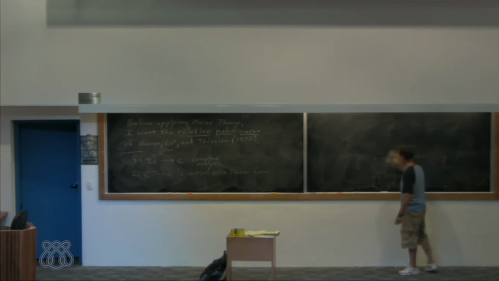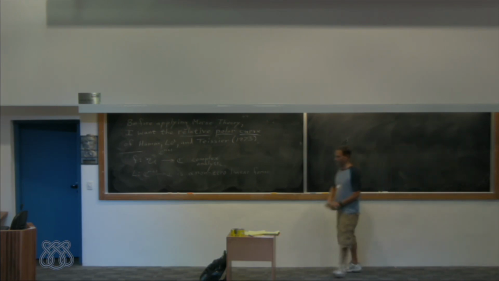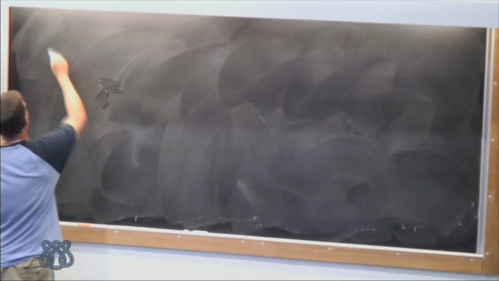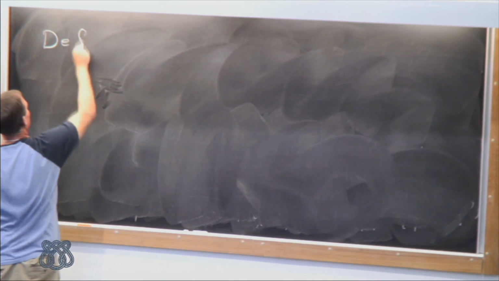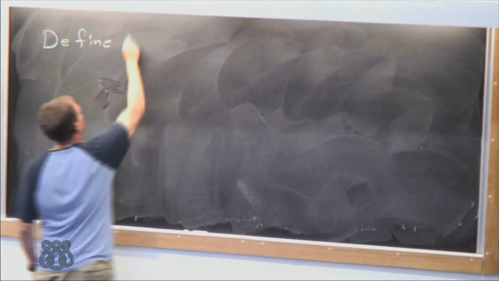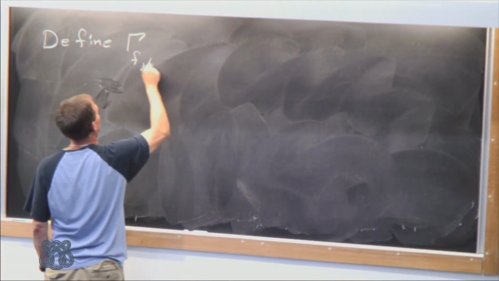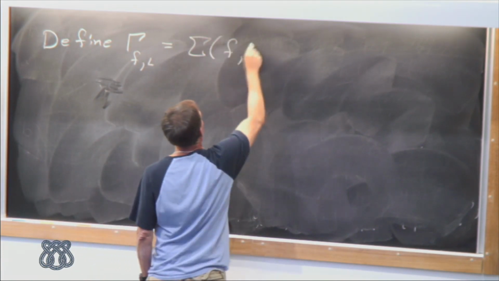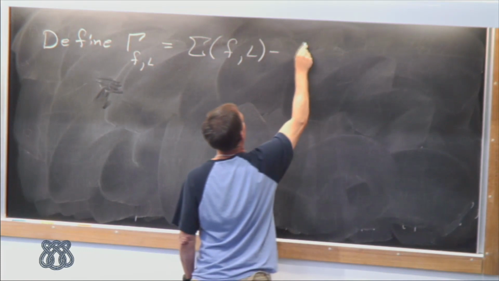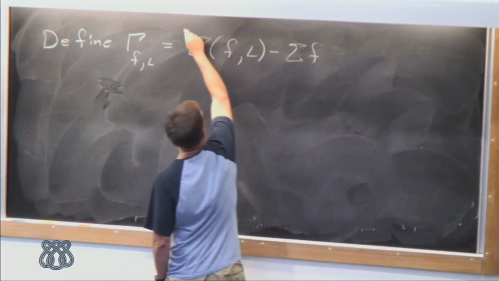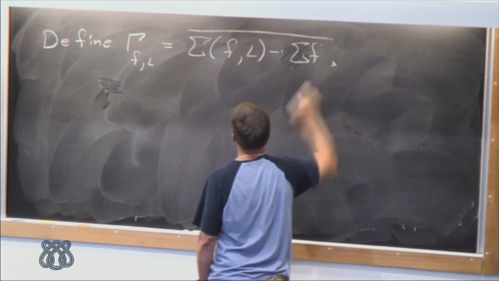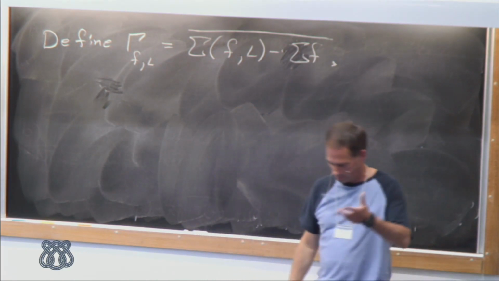As a set, it's a little tougher to give it more structure. Well, actually, that was a lie. Just ignore me. Define gamma FL to be the critical locus of the pair FL minus the critical locus of F, and then you close it. Define it to be that.